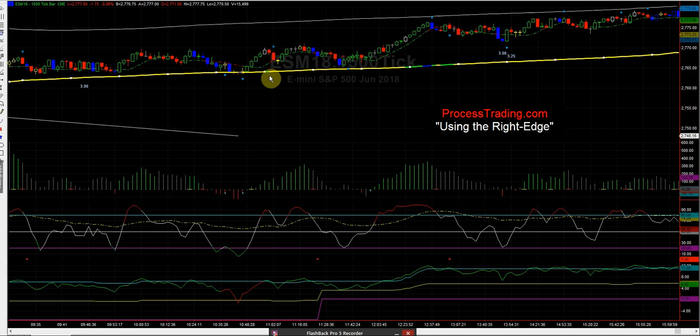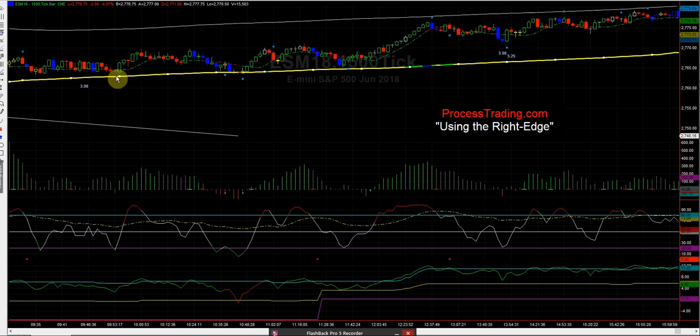So in today's trading, we can see that it acted not only as a trend trading element, but very much as a support element. Here's the day that started out over here, and price was not going below the support line.